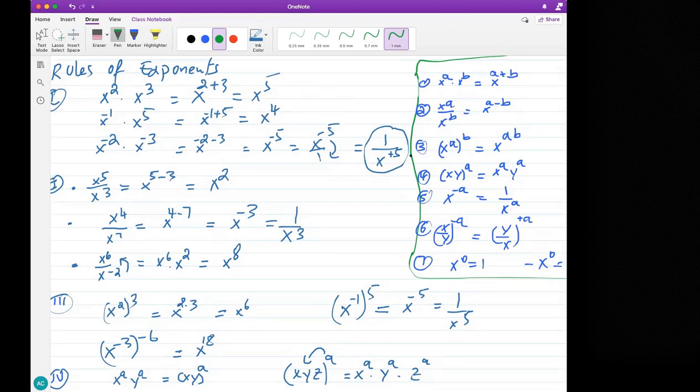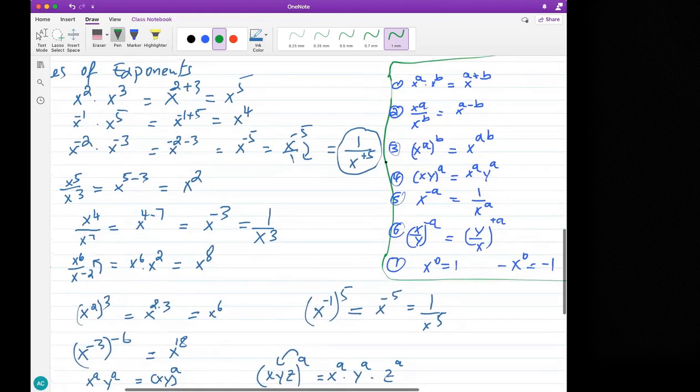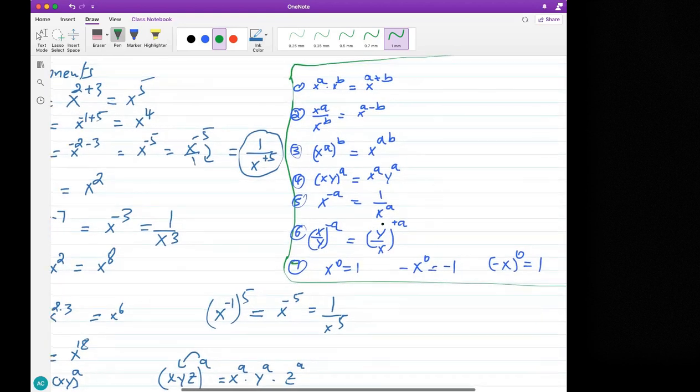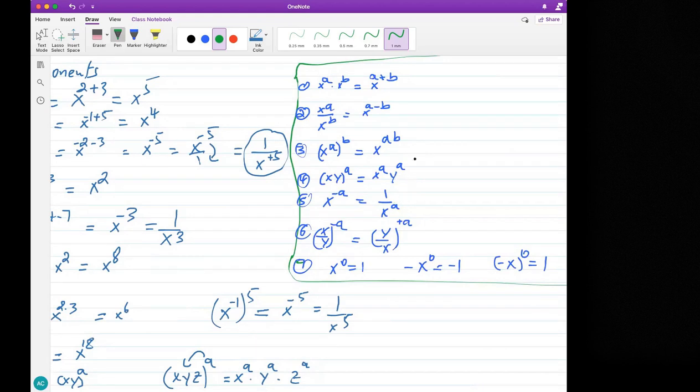Here are the rules again. These are very important. They're basically the backbone of algebra, because algebra involves letters and numbers, and those letters or variables have powers: 1, 2, 3, negative, whatever it might be.